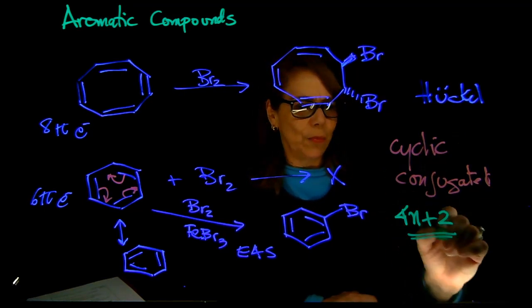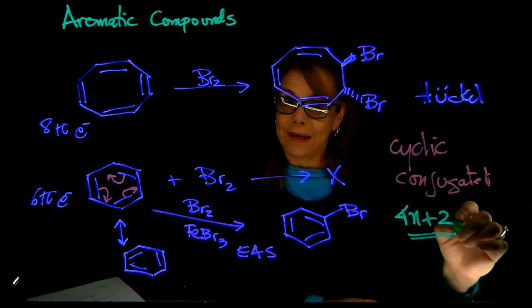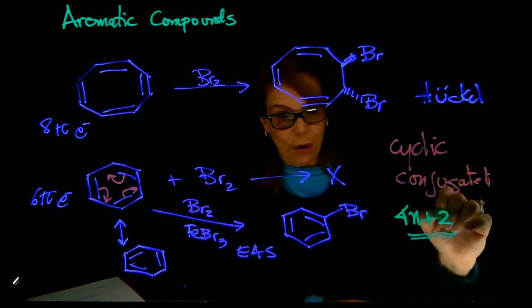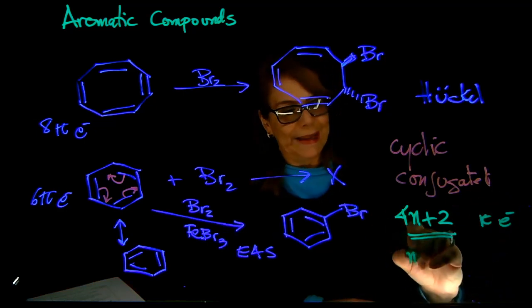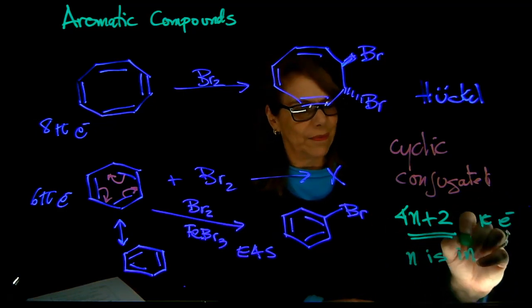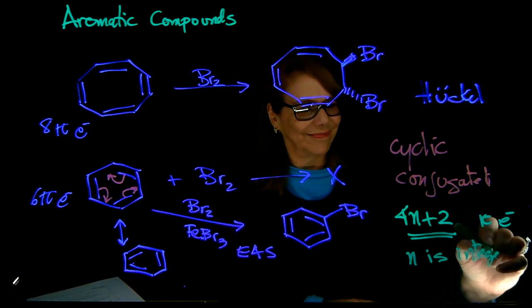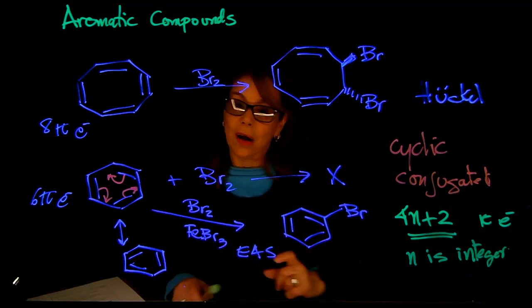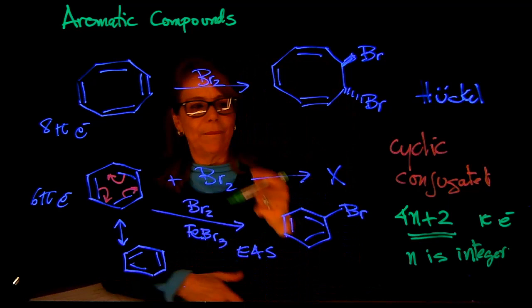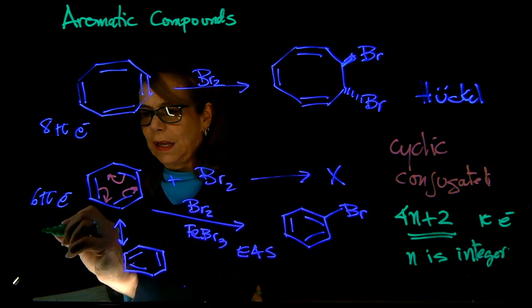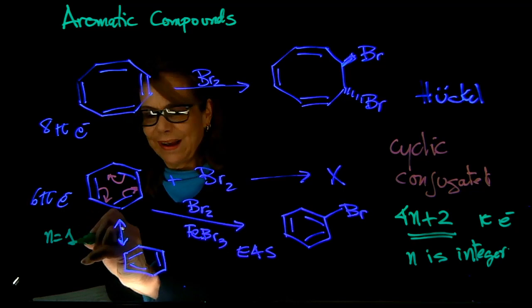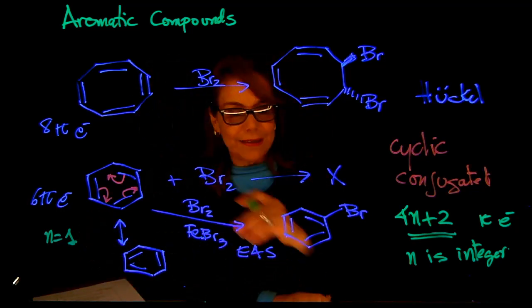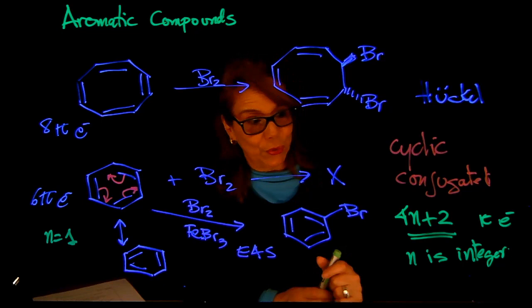So in these compounds, we're going to say they are aromatic if they have this number of pi electrons, where n is an integer, so whole numbers. In the case of benzene, if you see that n equals 1, you will have 6 pi electrons. And cyclooctatetraene does not do that.